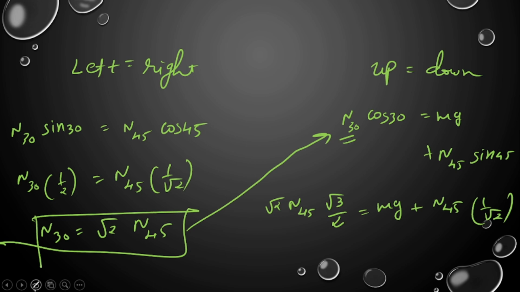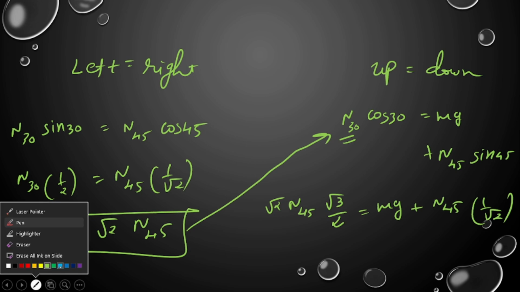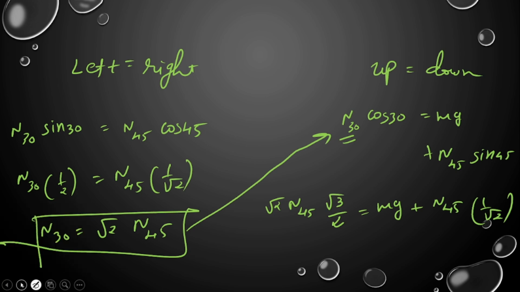Resolving the equations, not having much space, so let me solve it over here. N45 root 6 by 2 minus N45 1 upon root 2 equals to mg.